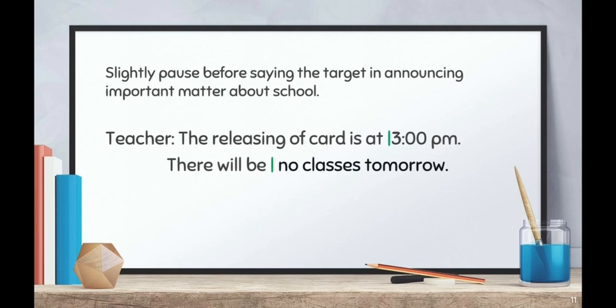And based on how I say it earlier, I pause slightly after I say the word be so that it will give way to the announcement or the main information in the announcement, which is no classes tomorrow. Good job of getting that one. Now, let's proceed to the last one.